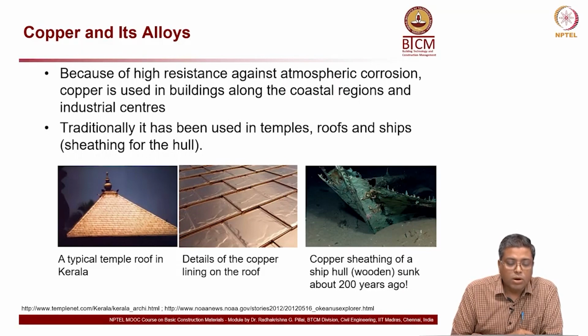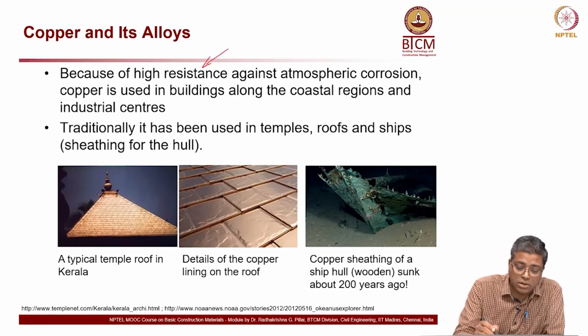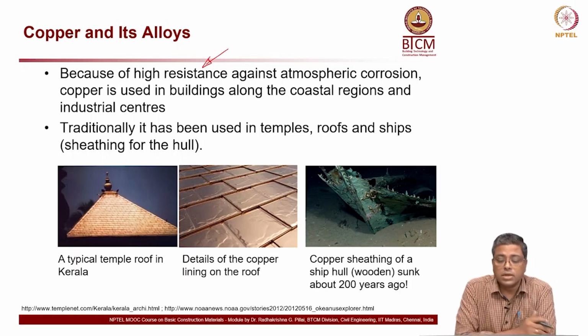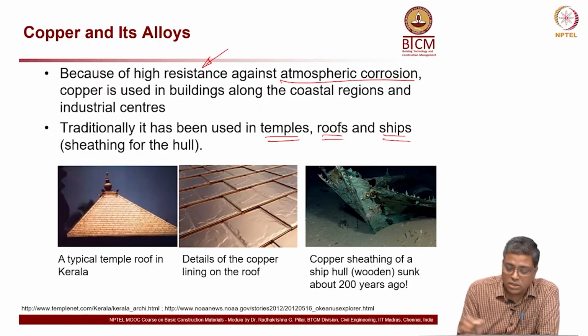Okay. Now, copper and its alloys, because of high resistance against atmospheric corrosion, copper is used in buildings along the coastal regions, and also wherever the corrosivity is high. Traditionally used in temple roof elements, and then also ships, sheathing for the hull.